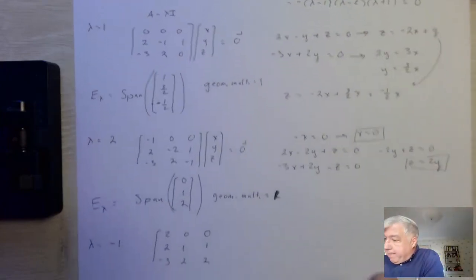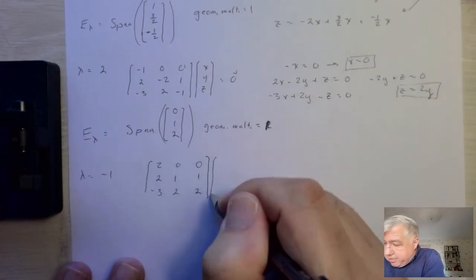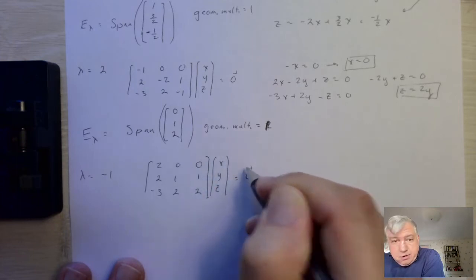We'll want this times x, y, z to equal 0.